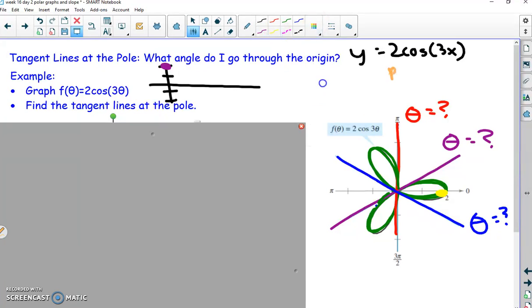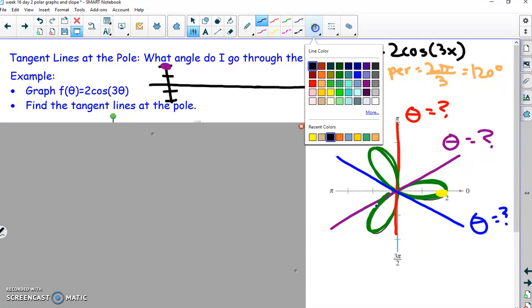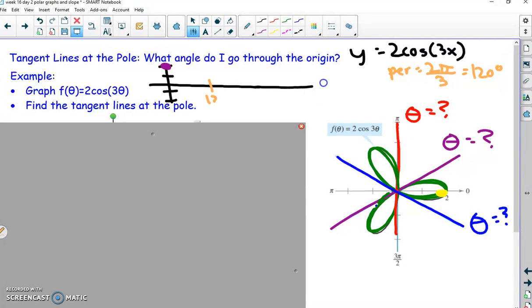So the period is 2 pi over 3, which, if you want to live in the world of degrees, is 120 degrees. So you might like me showing you 120, 240, 360, and the graph's going to look like this. Repeat, repeat, repeat.